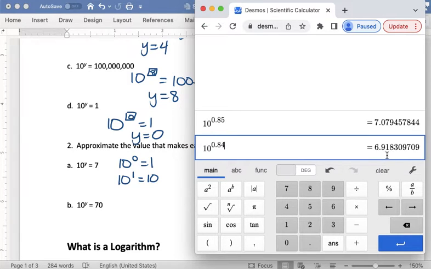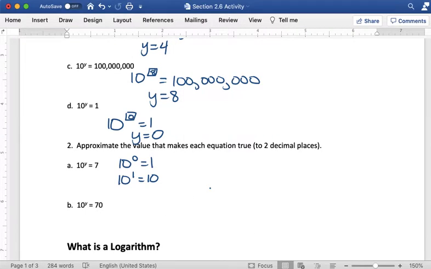This one is a little more than 8 hundredths away. They're actually pretty close. But 0.85 is going to be my closest approximation. So 10 to the 0.85 is approximately 7. So y is approximately 0.85.